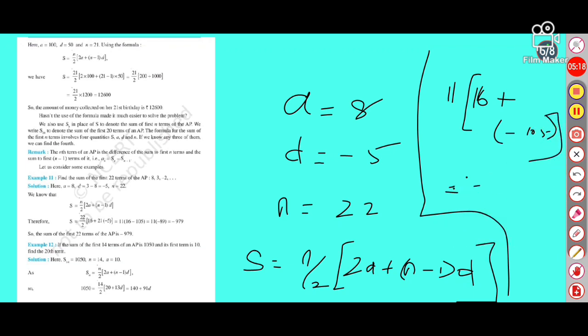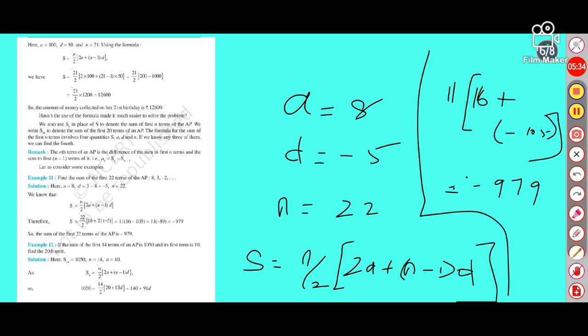Simplifying this, you get minus 979 as your sum value. So the sum of the first 22 terms of the given AP 8, 3, minus 2 and it goes on is minus 979.